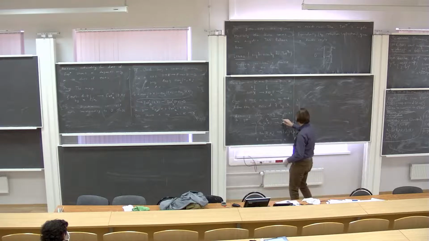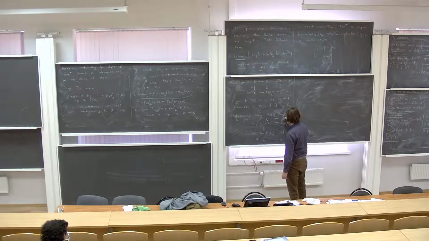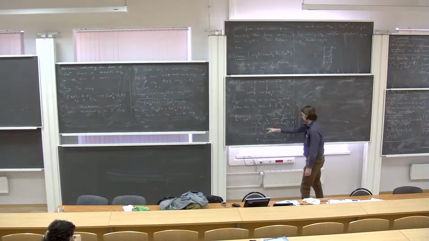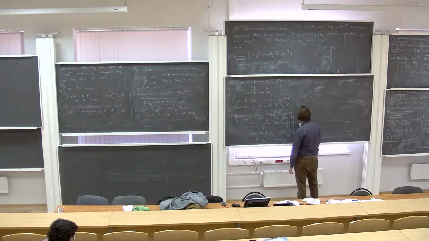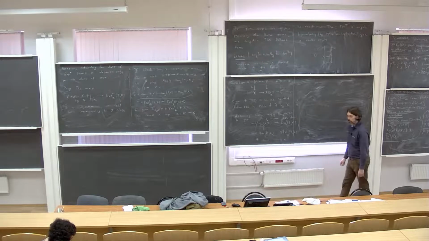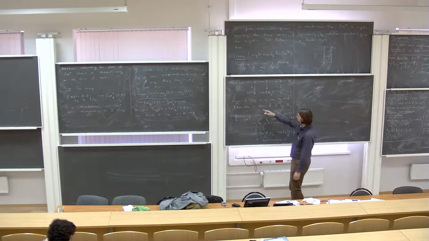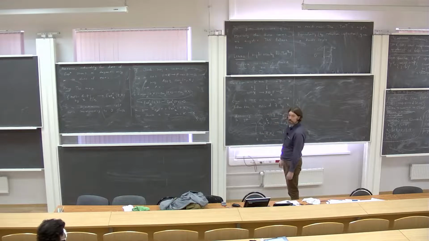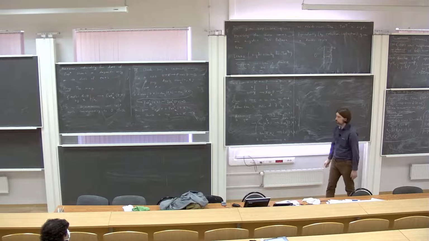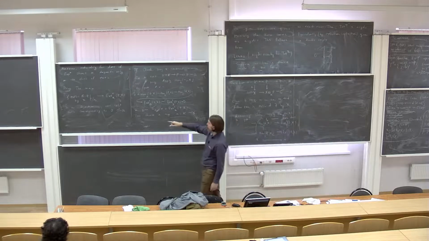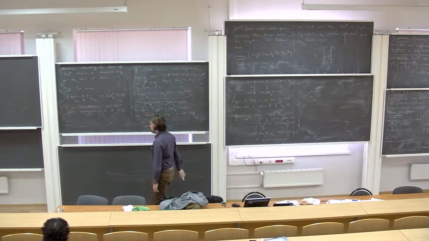Sorry, this is the extension class. Whatever it is, we don't know yet that it's alpha. But this one, by construction, is alpha, and they're equal. So the extension class actually equals alpha. So as soon as we know that the cokernel really is Z, then we've provided an extension whose extension class is alpha. And therefore, this map is surjective.